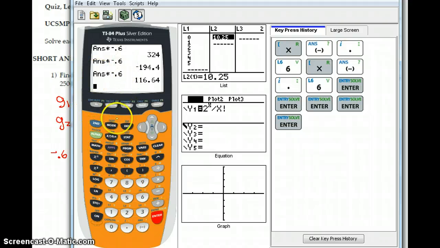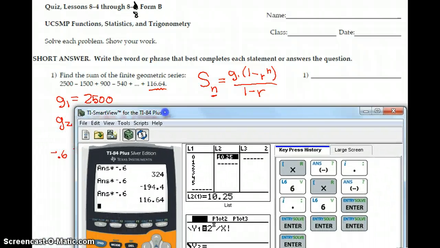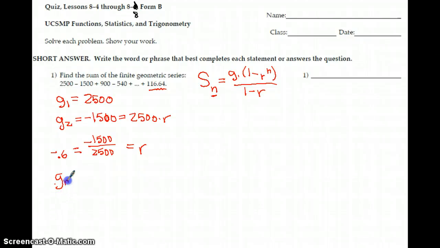If I wanted to be a little more careful about that, I could do that in the table, or I could use logarithms, but I'm pretty sure it's the 7th. I could actually just check that. It's supposed to be, oh wait, g sub n. Here, I can check it this way. g sub n is supposed to be g sub 1 times r to the n minus 1. That's how you explicitly find any term.